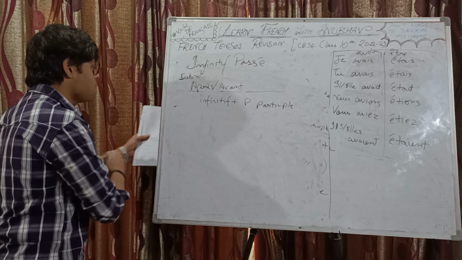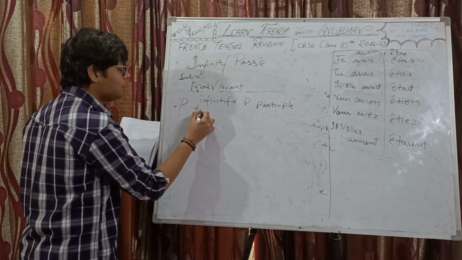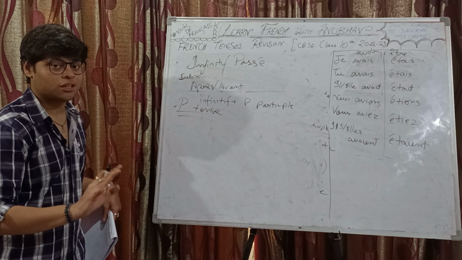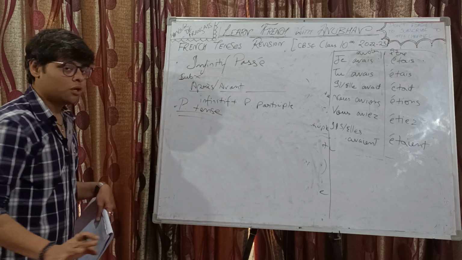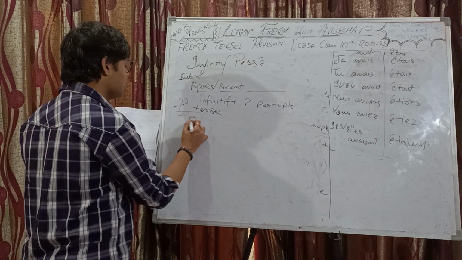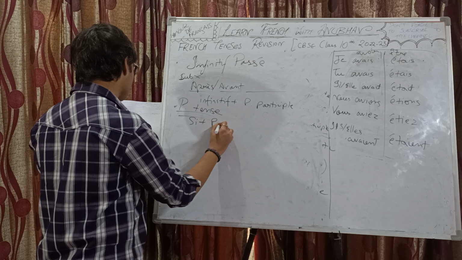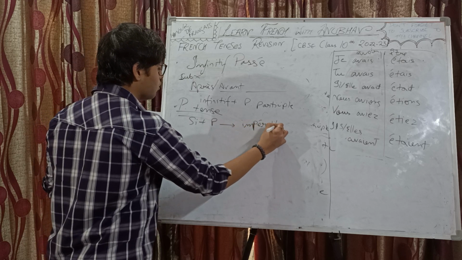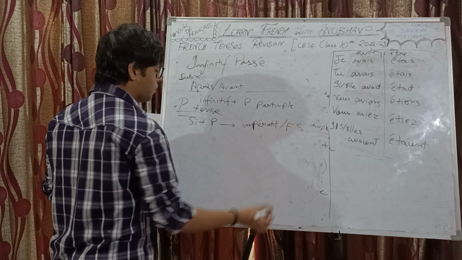Now we have present tense. When there's no indicator of any special tense required, conjugate in present tense. We have 3 si clauses. Let's discuss them as well. Si plus present is either imperative or futur simple.